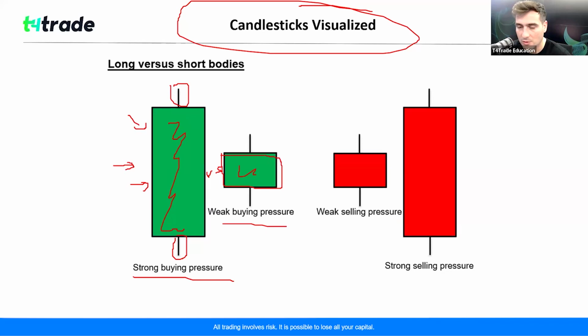Obviously, if you compare the two. So the longer or bigger the real body of the candle is, the stronger the bulls are, eager to push the price action to higher ground. Once you see big green candles, with or without tails, that gives you an indication that they are eager to push price action into higher ground. There are strong bullish tendencies here.